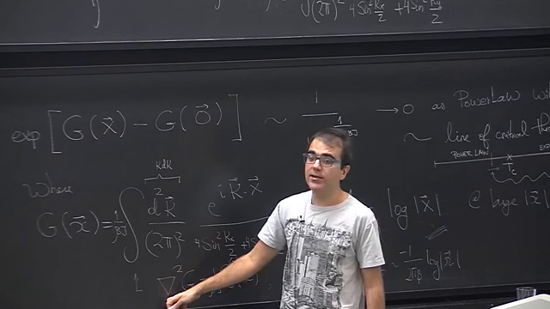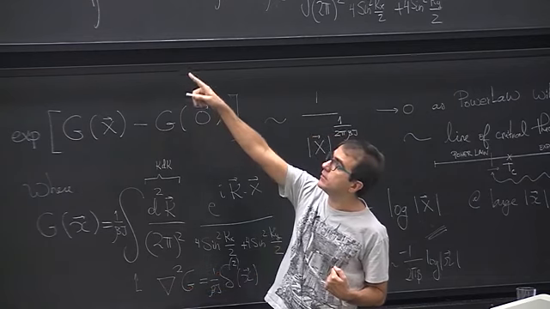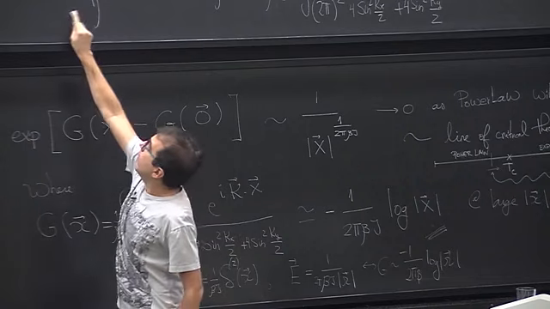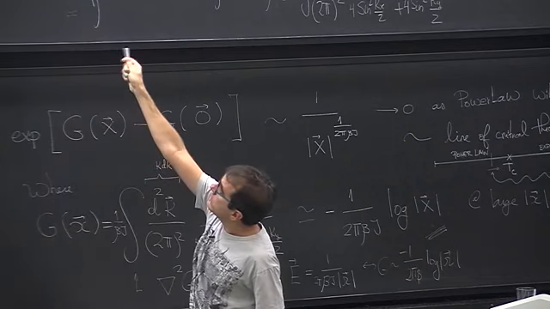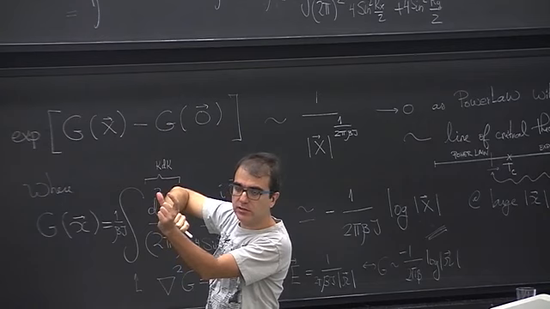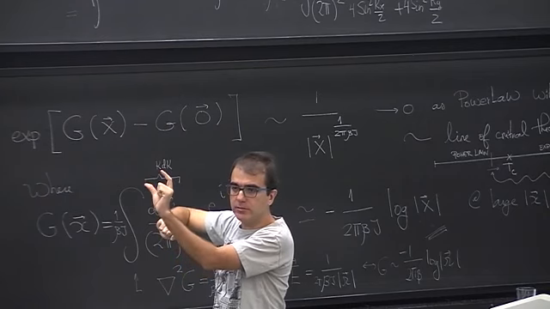No. Because the propagator was the inverse of the matrix A. And A, you see, it is just coupling between nearest neighbors. It's just the discrete derivative, just theta i minus theta i plus 1.